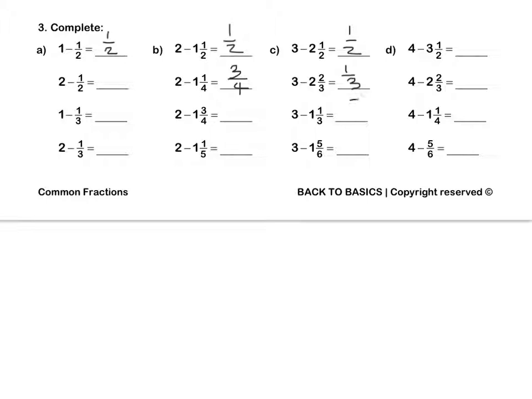If I add 2/3 to 1 1/3, I'll be at 2 wholes. So I need to add another 1 whole. And let's check. 1 plus 1 is 2. 1/3 plus 2/3 is 1 whole to get us back to 3 wholes. Pause this video to complete question 3.